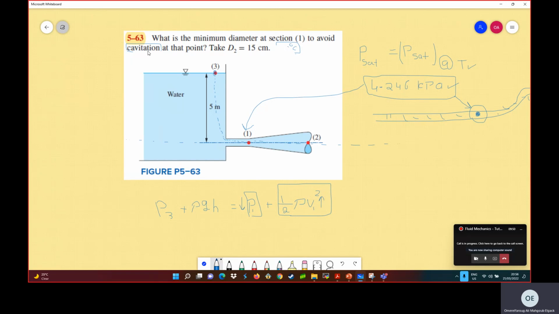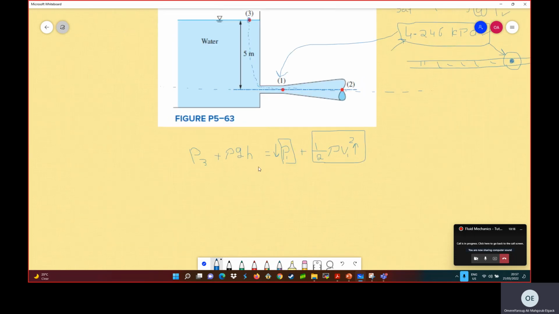That is the threshold. Because if you reduce the diameter below the value that you will obtain, cavitation will occur. So I will consider that there is cavitation, and I will find the corresponding critical diameter. If you reduce the diameter lower than that, the velocity will increase, the pressure will decrease, and it will go below the one that I will substitute in the Bernoulli equation, and thereby cavitation will occur.